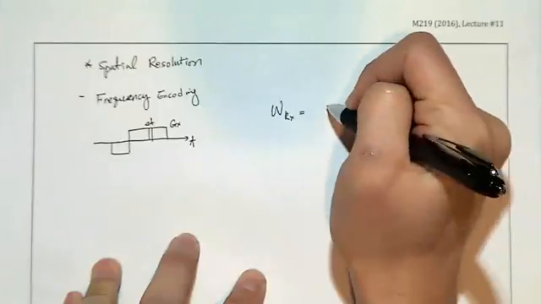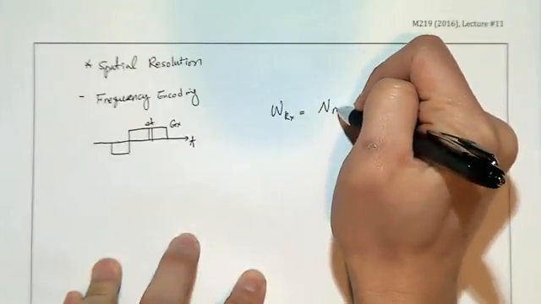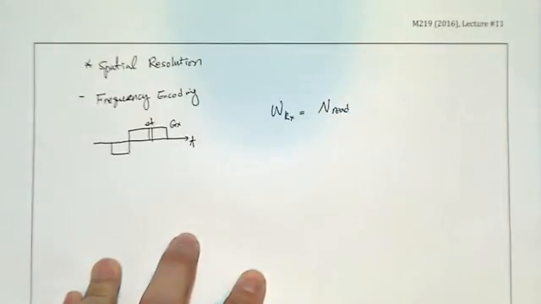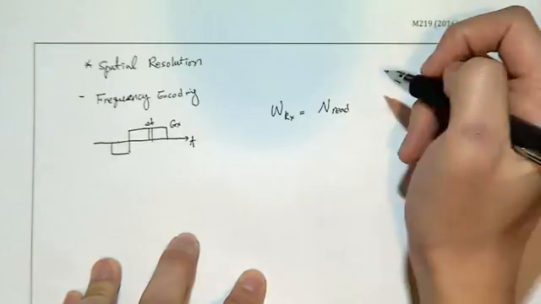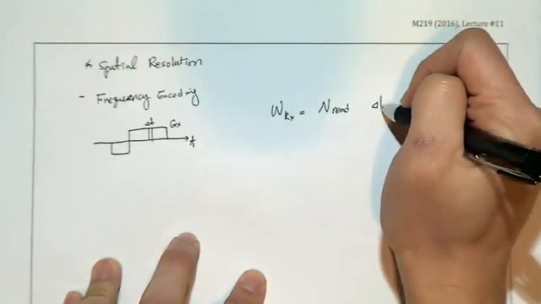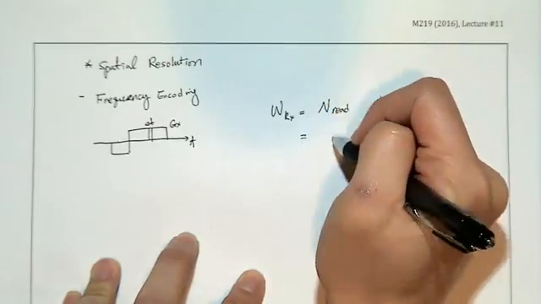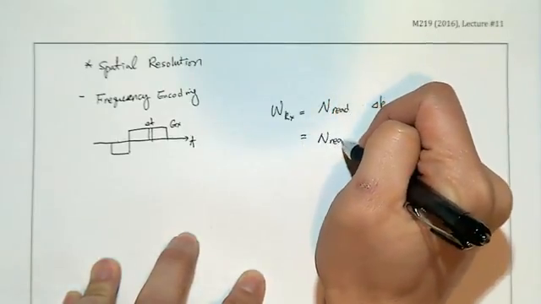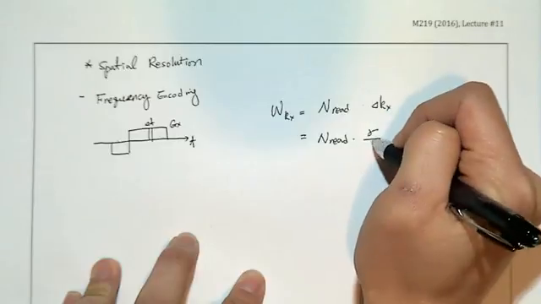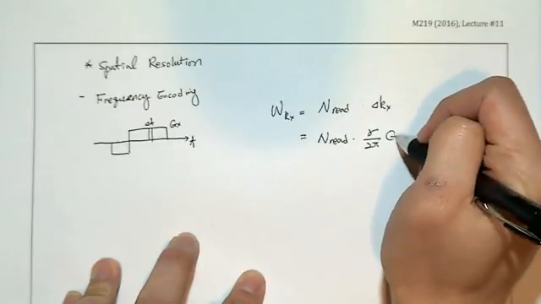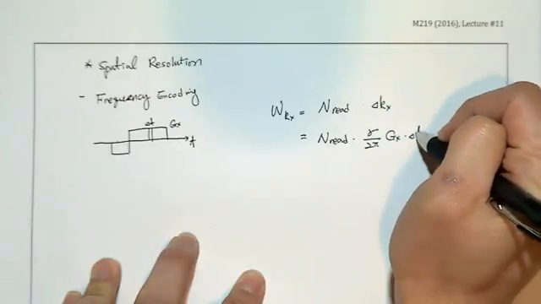is defined as n read, which is the total number of points in the readout direction, times delta kx. And delta kx, we calculated before, so n read times gamma over 2 pi gx times delta t.